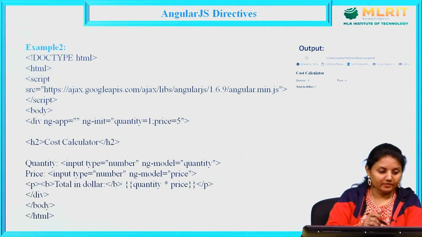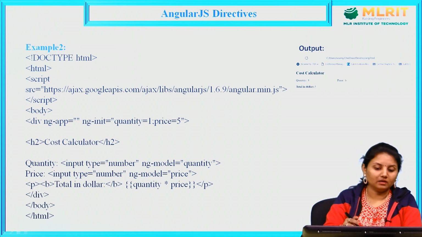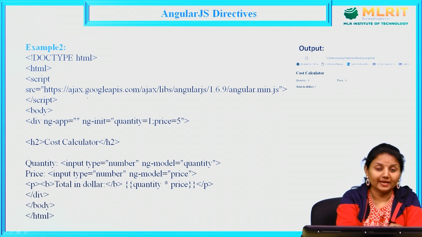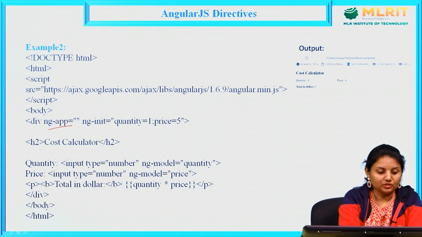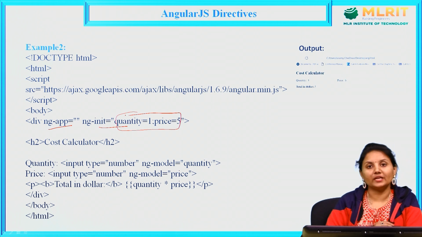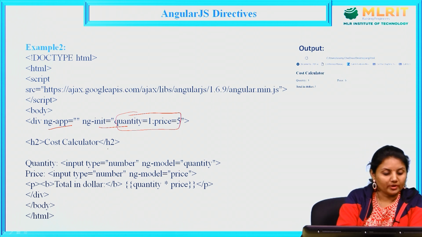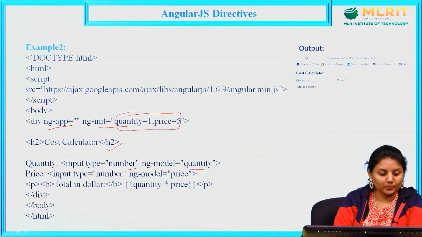This is where we are writing a source again, the link for your AngularJS, and ng-app, ng-init. So in init, you are initializing two things, one is the quantity and the other one is the price. So in H2 you have given quantity, input type equal to number, ng-model is the quantity. Price, input type is number, ng-model is the price again.